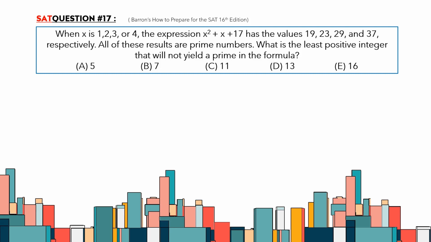So we know that a prime number is a number which can only be divided by itself and 1 without remainder. The smallest prime number is 2.